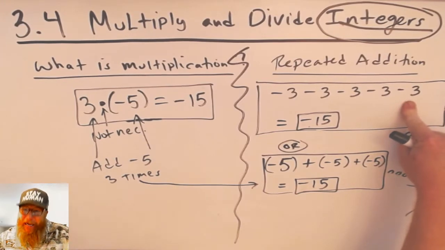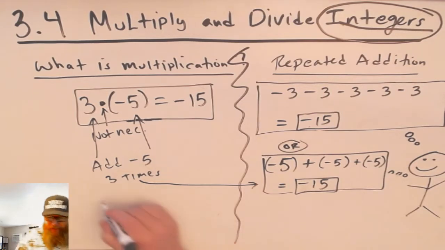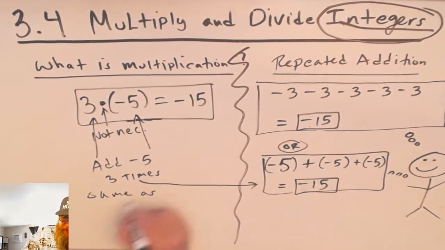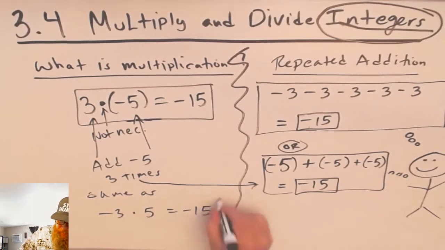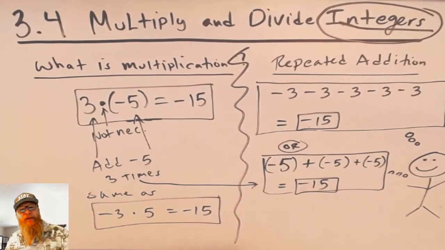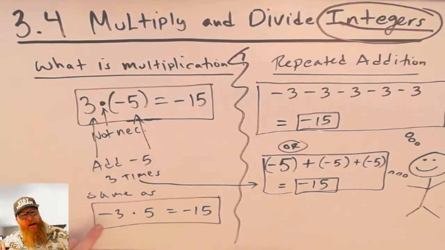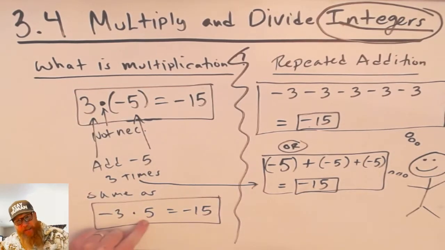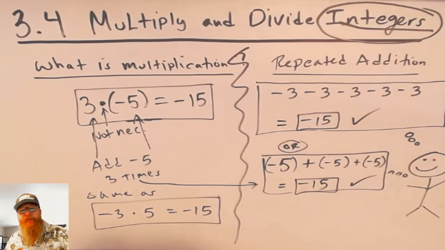If you subtract negative 3 5 times, that would be the same thing. So it's the same as negative 3 times positive 5. So in either case, whether it's a positive 3 and a negative 5, or whether it's a negative 3 and a positive 5, it really makes no difference. Either way, you're going to get negative 15.